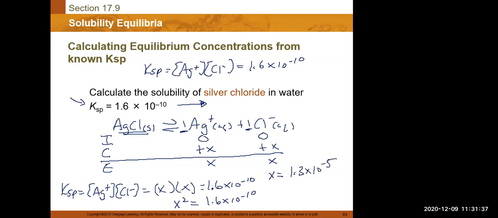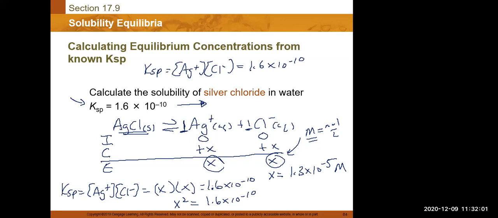Now, you may be wondering what these numbers really are. These numbers, typically in an ICE table, are molarity, which is moles per liter. So this is really the molarity of the silver ion, 1.3 times 10 to the minus 5. It's also the molarity of the chloride ion, 1.3 times 10 to the minus 5.